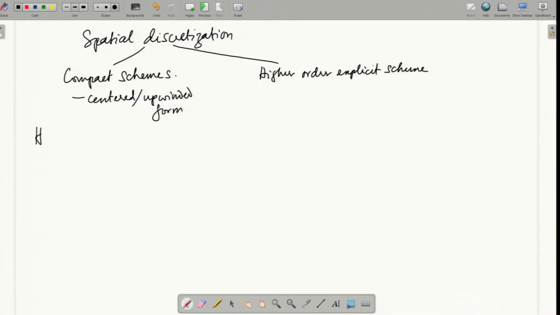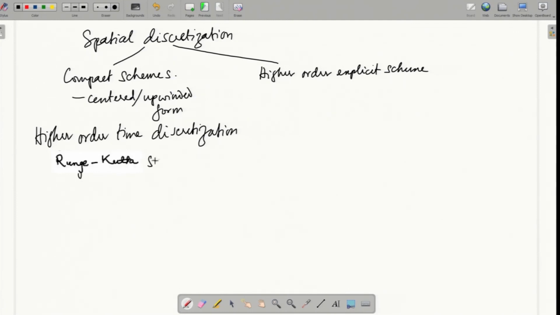We also need higher order time discretization, for which the best candidates could be Runge-Kutta type of schemes.